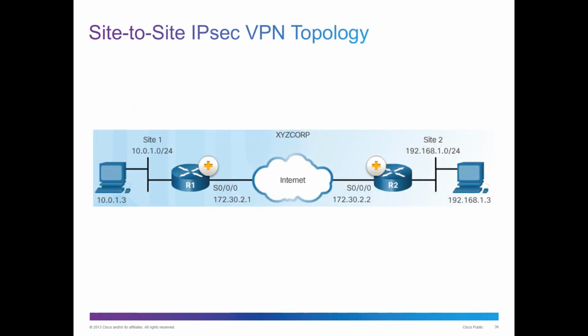So again, here we have one site through a common network, tunneling through that common network to a secondary site, thus being able to protect the data as it flows through that common network. That common network we're discussing typically is the internet.